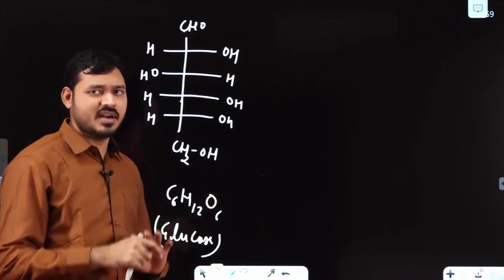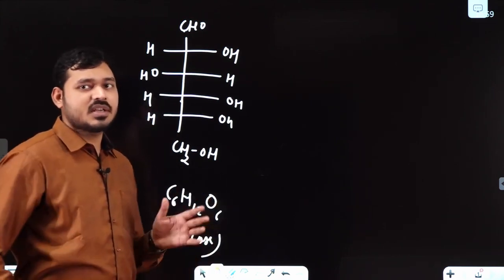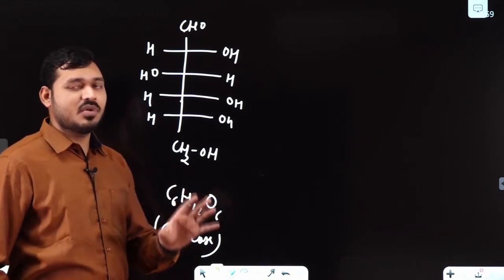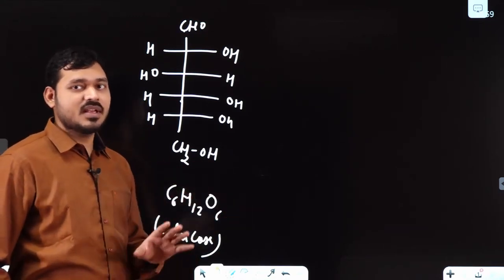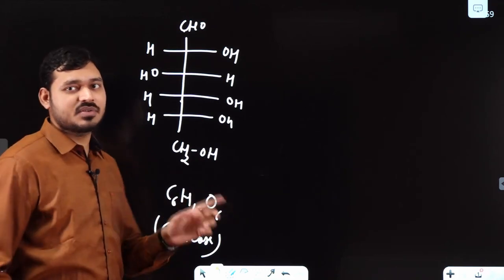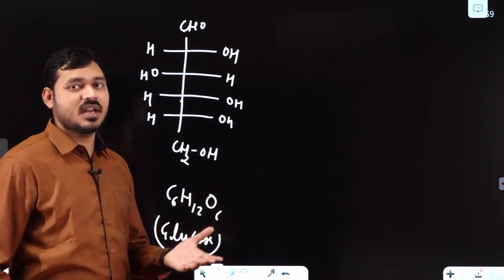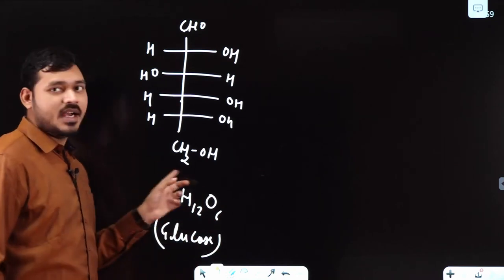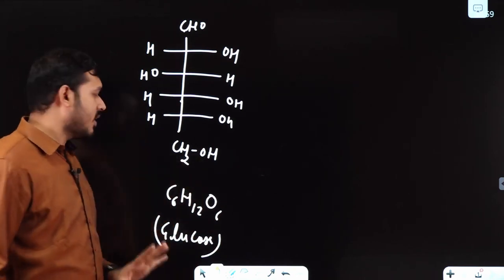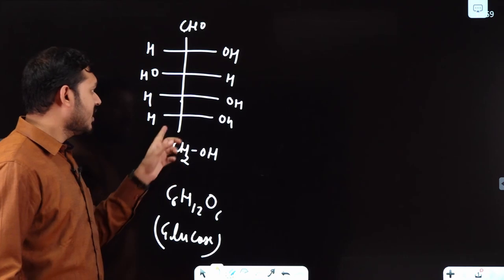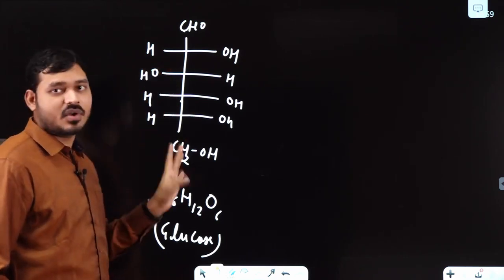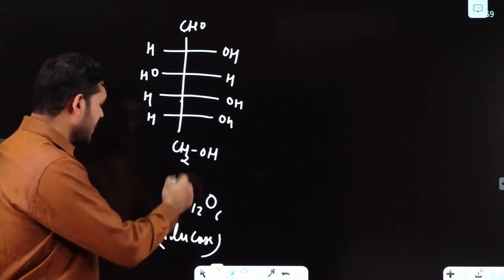Relating to 10th standard, all must know that sucrose on hydrolysis gives glucose plus fructose, and glucose and fructose both have the same molecular formula C6H12O6, but they differ in what? They differ in the functional group part. This is aldehyde, that will be ketone, and one more thing, this has different configuration across these carbons. Okay, so let's see about glucose.